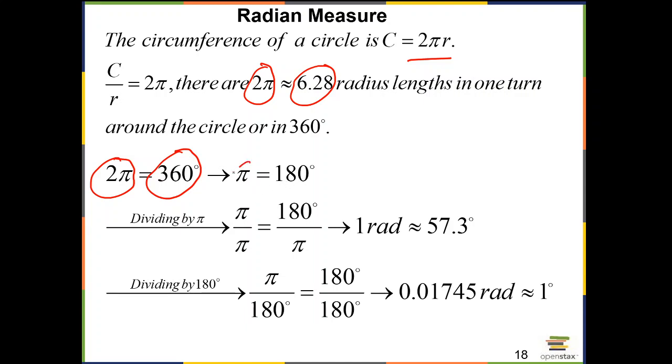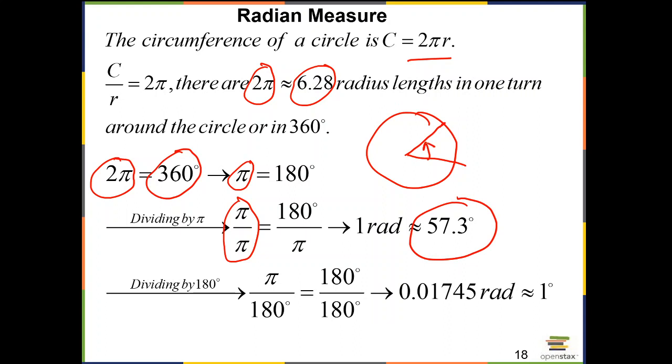So pi radians is 180 degrees. And if you divide by pi on both sides, you see that pi over pi is 1. So 1 radian is about 180 divided by 3.14, which is about 57.3 degrees.